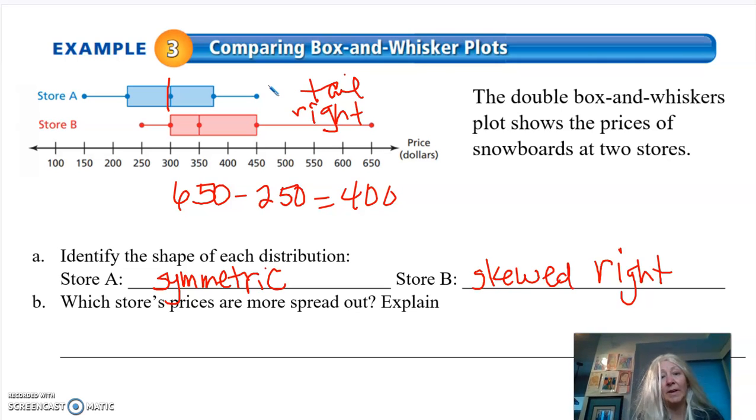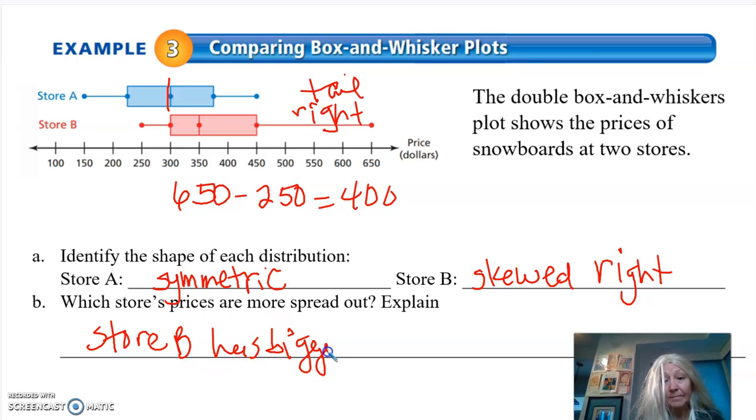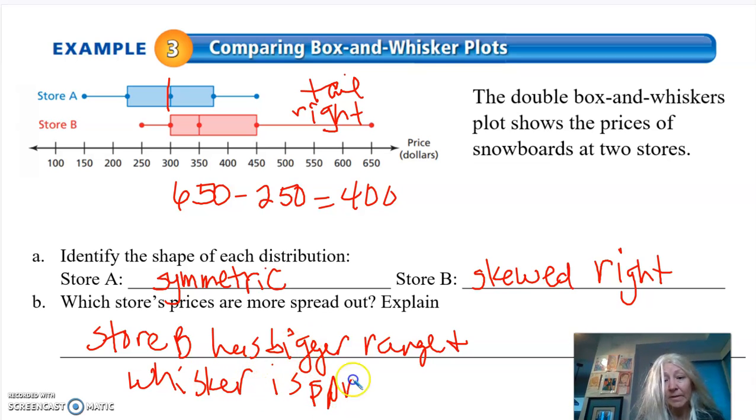I can also say that store B has a longer box and whisker, so that's more spread out. So let's say store B has a bigger range and whisker is spread out. That's how I know that store B's prices are more spread out.